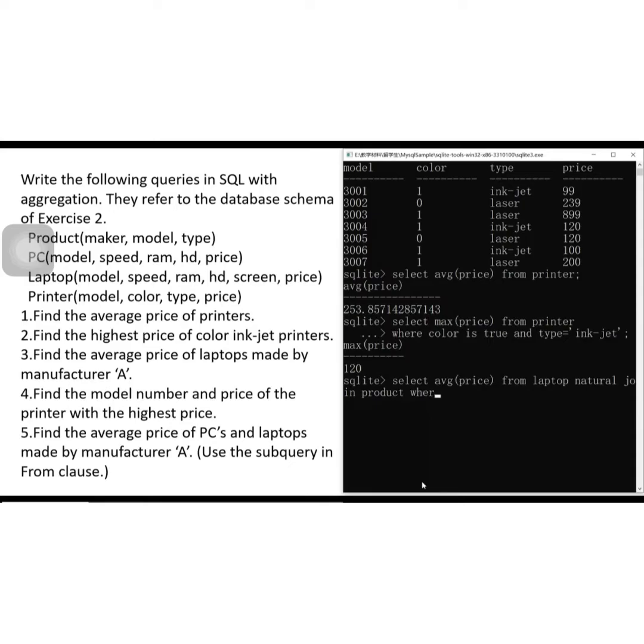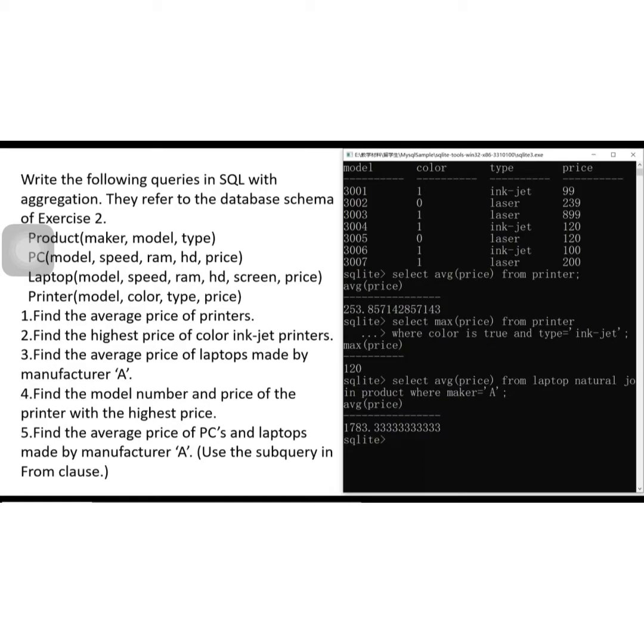And there is a condition: the product maker is A. Okay. Then we'll get the average price.